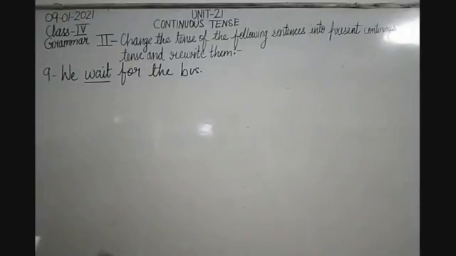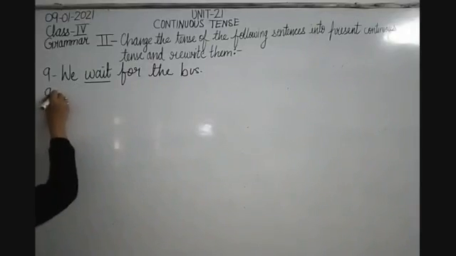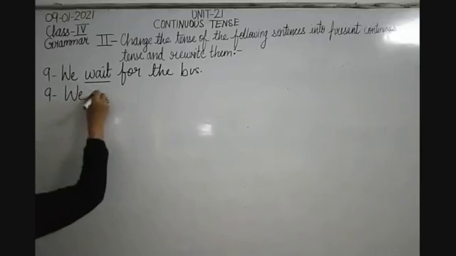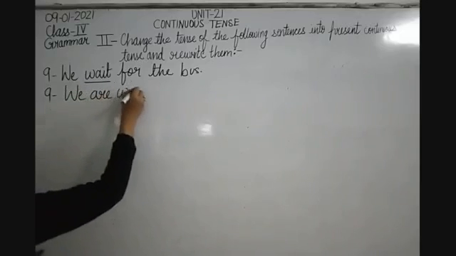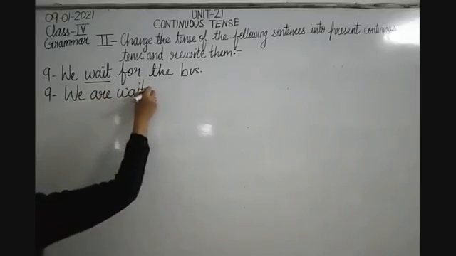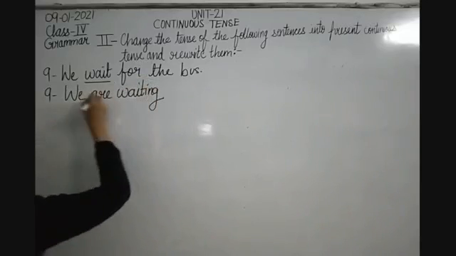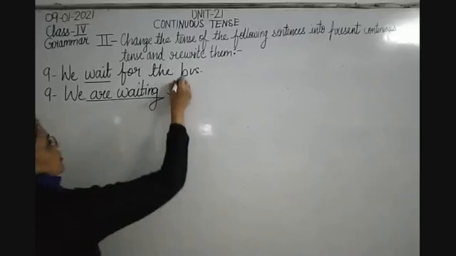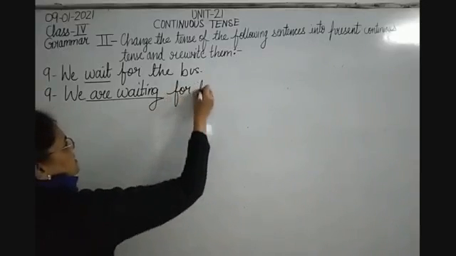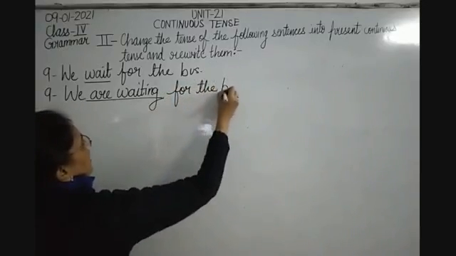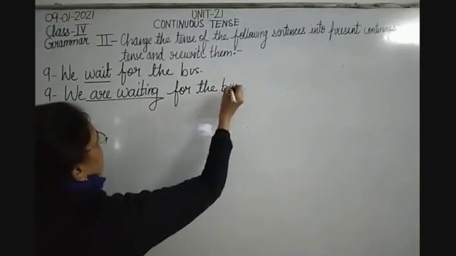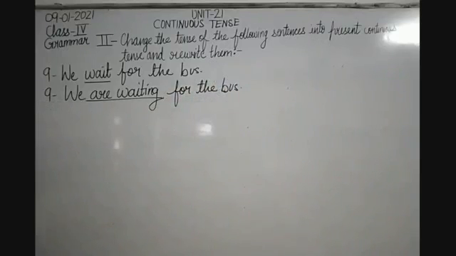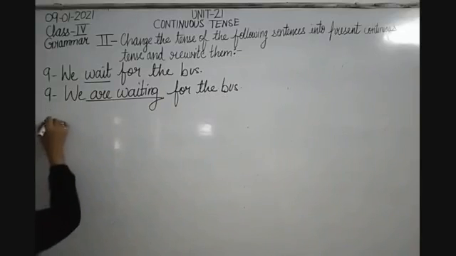We के साथ हम helping verb क्या use करते हैं? Are. So our sentence is we are waiting, underline it so that you can always cross check, for the bus. We wait for the bus. We are waiting for the bus.